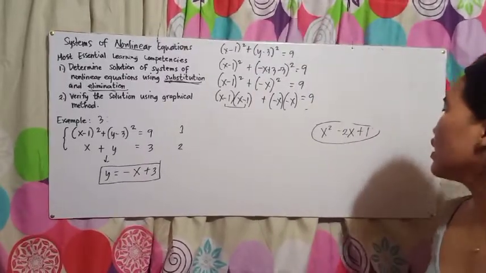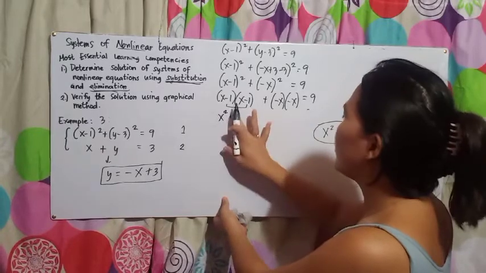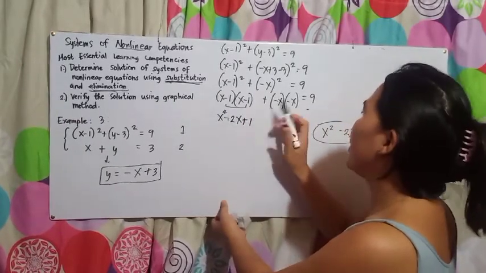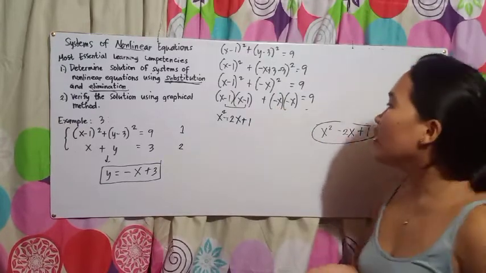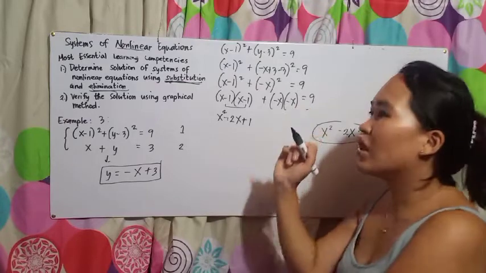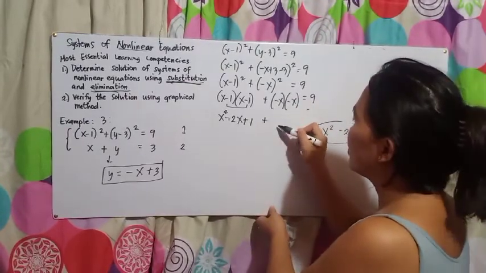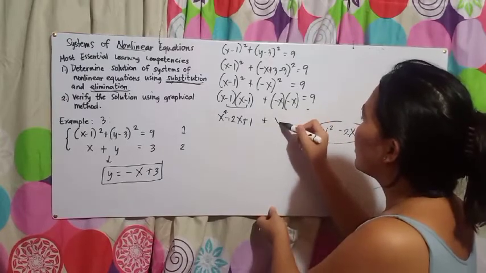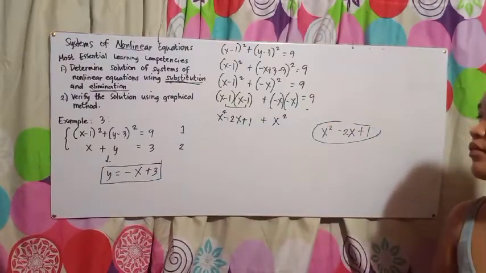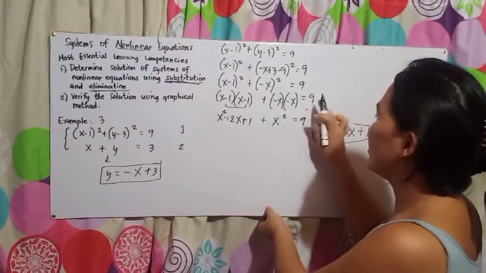So, the answer is x squared minus 2x plus 1. Then we multiply this. Negative x times negative x is, since negative times negative is positive, plus x squared, equals 9.